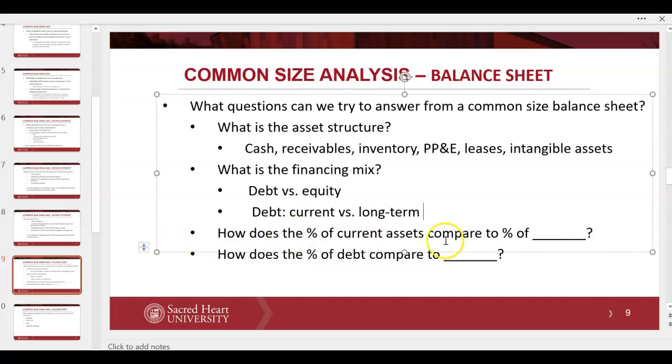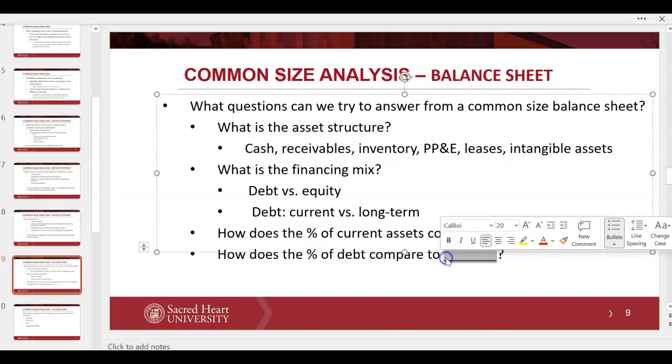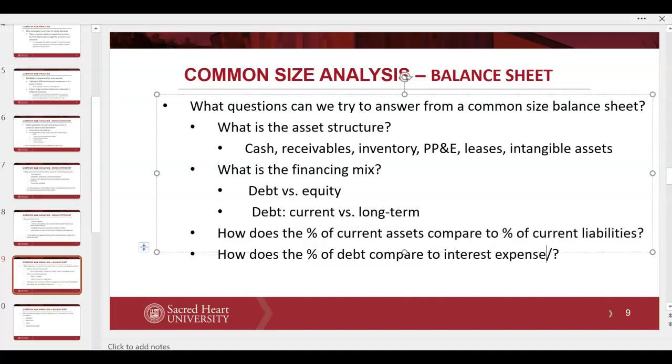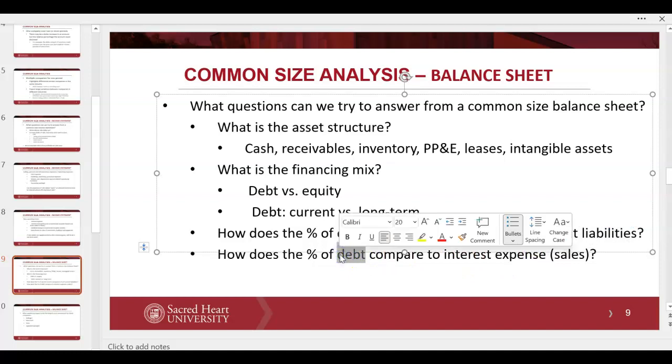We might want to look at, how does the percentage of current assets compare to the percentage of current liabilities? How does the percentage of debt or maybe total liabilities compare to interest expense? And maybe even to sales. We know that interest expense is the result of having debt, whether long-term debt and short-term debt, or maybe even looking at total liabilities to interest expense.